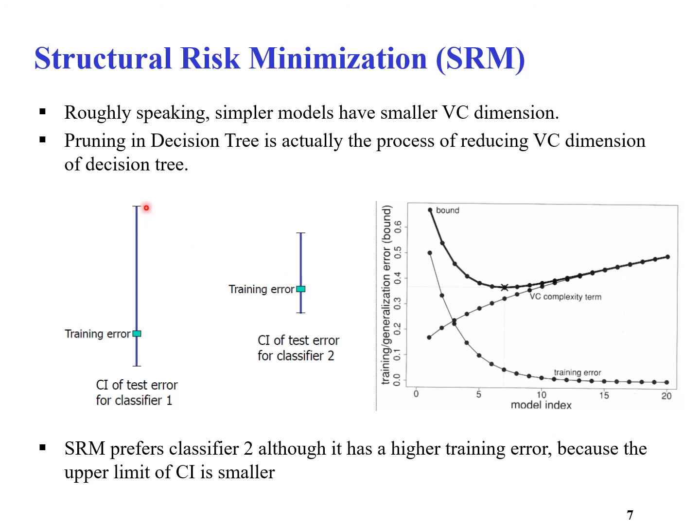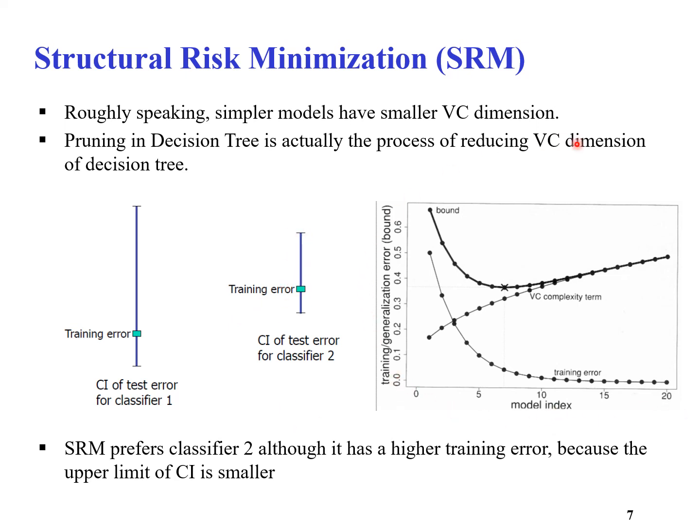The maximum boundary of test error for classifier 2 is smaller than for classifier 1. So it is much better to choose classifier 2. Even though its training error is worse, classifier 2 is going to show better performance in the future because its test error has a lower boundary.